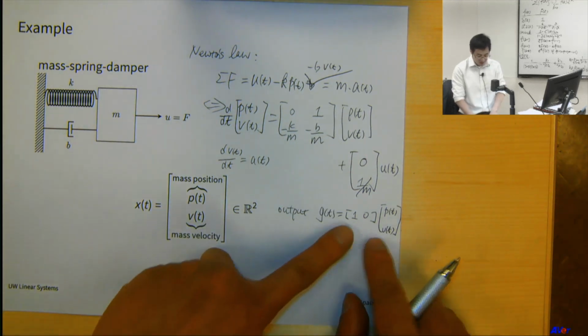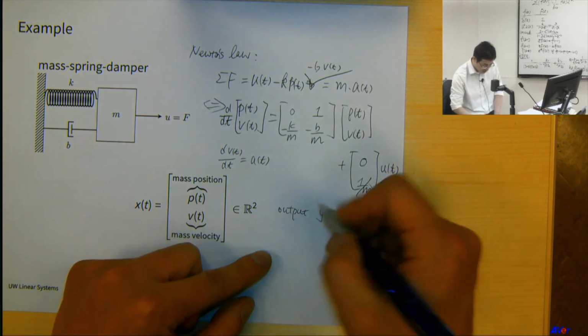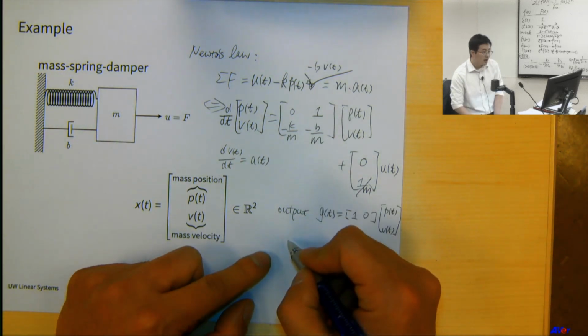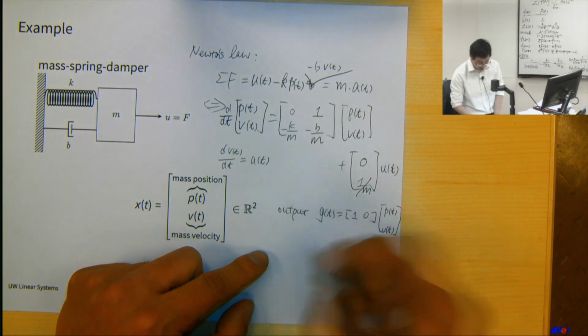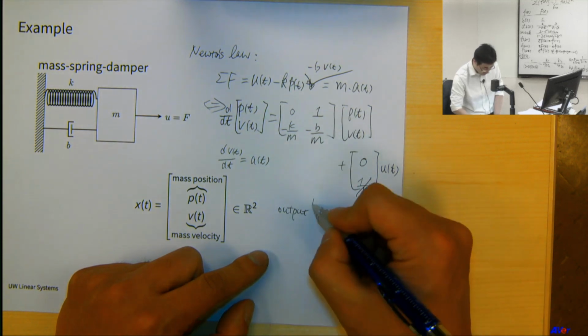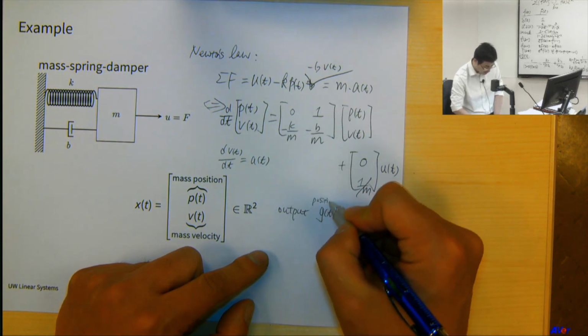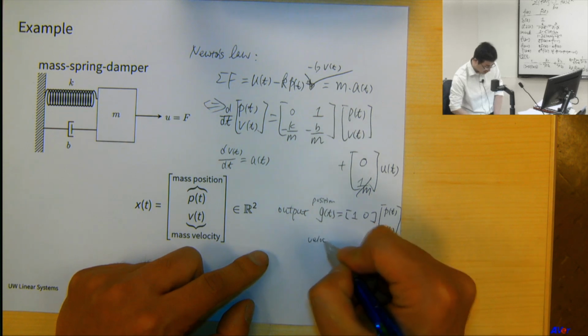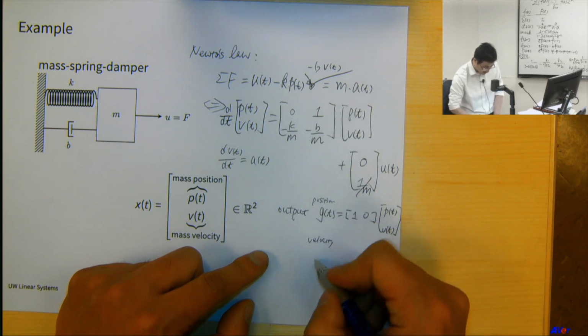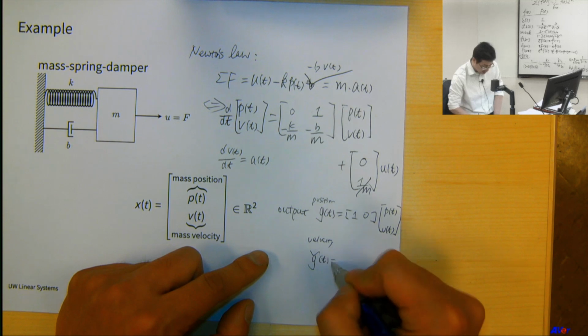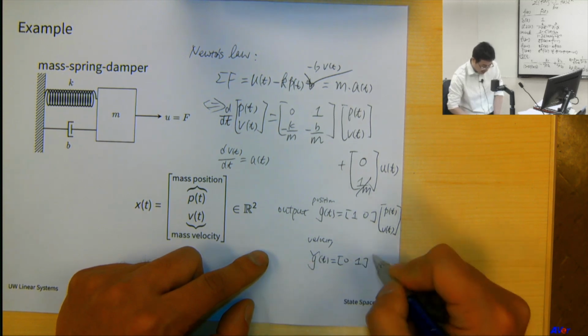If I want to know the position as the output, I can do this. If I want to know the velocity as the output, then it's simply a different scaling.